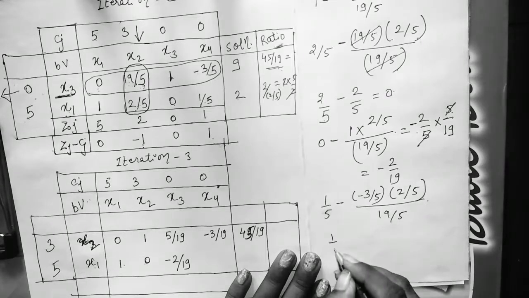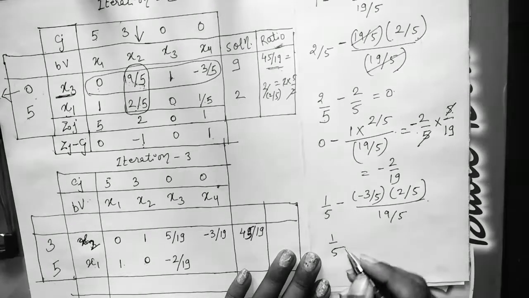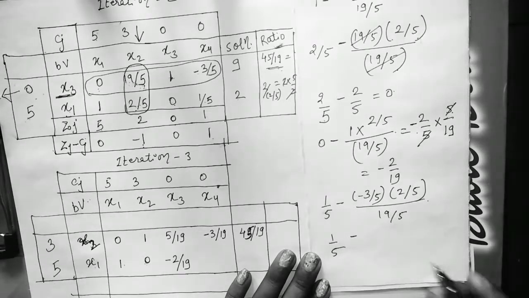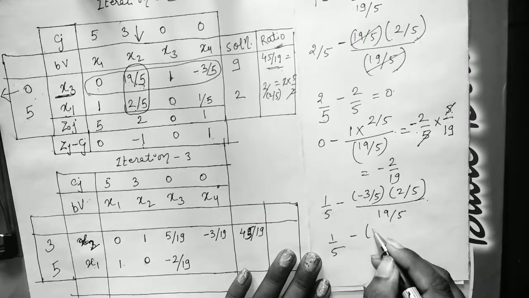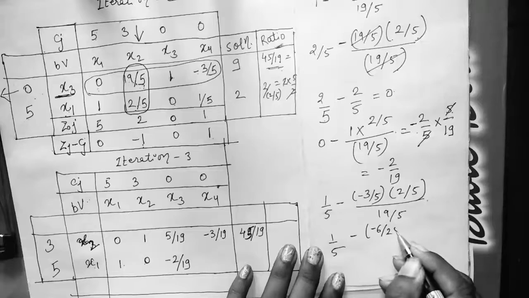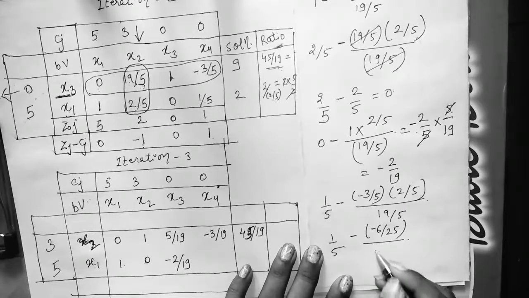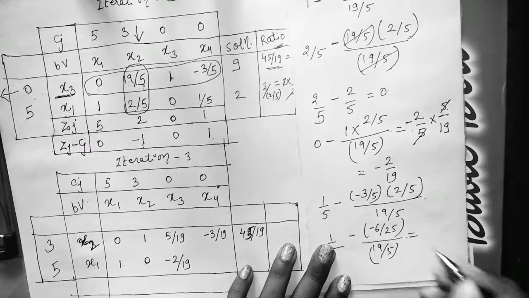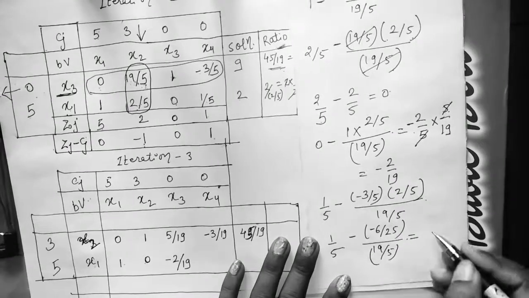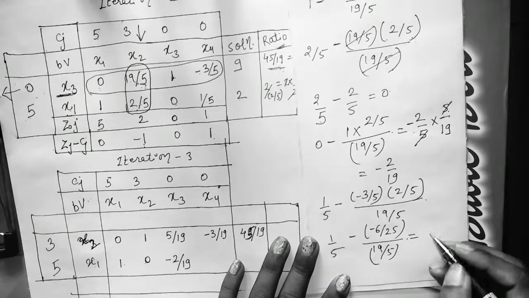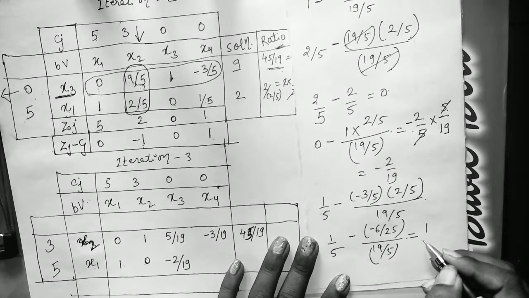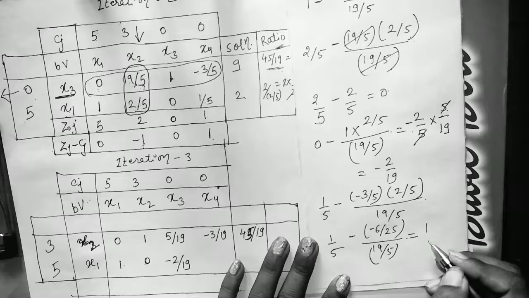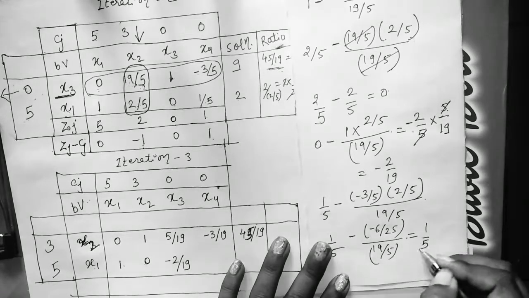So this is equal to 1 upon 5 minus minus 6 upon 25 upon 19 upon 5. So this will be equal to 1 upon 5.